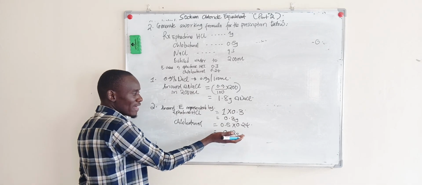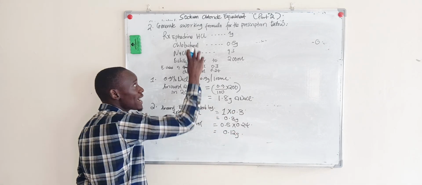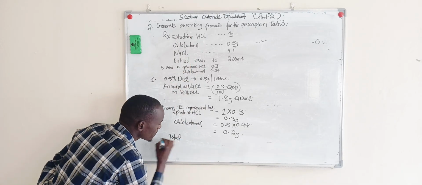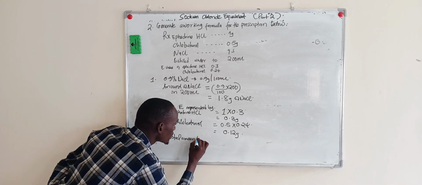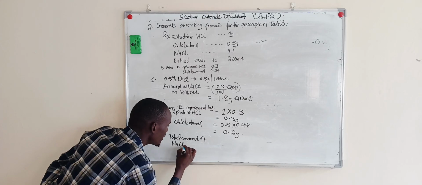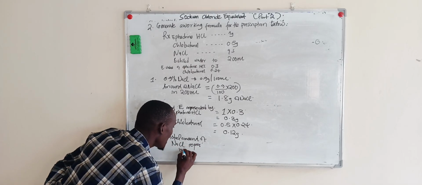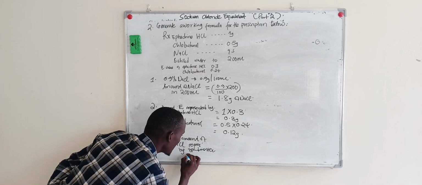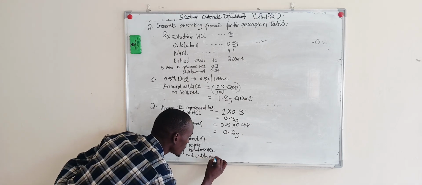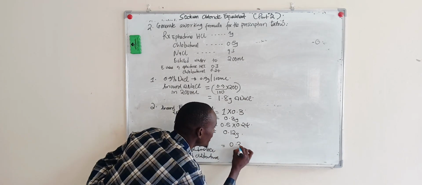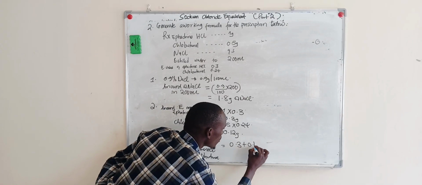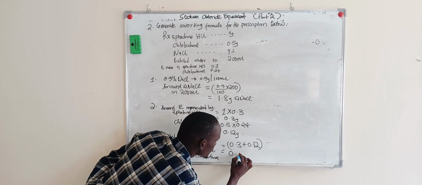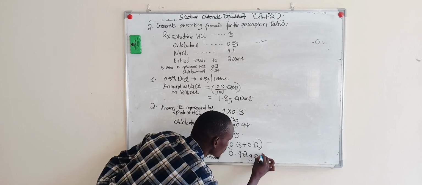So after knowing the amount of sodium chloride represented by the ingredients in the formula, we shall get the total amount of sodium chloride represented by ephedrine hydrochloride and chlorbutanol, and this will be 0.3 plus 0.12, and when we compute this, we shall get 0.42 grams of sodium chloride.